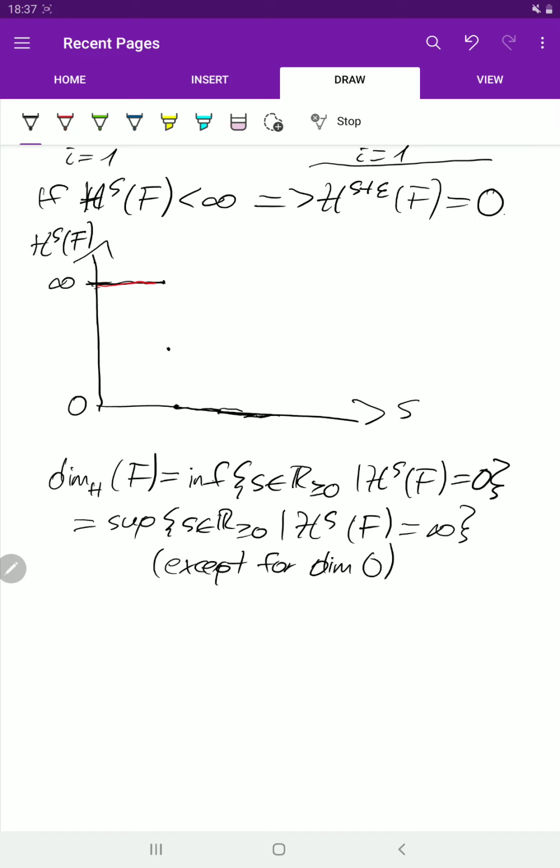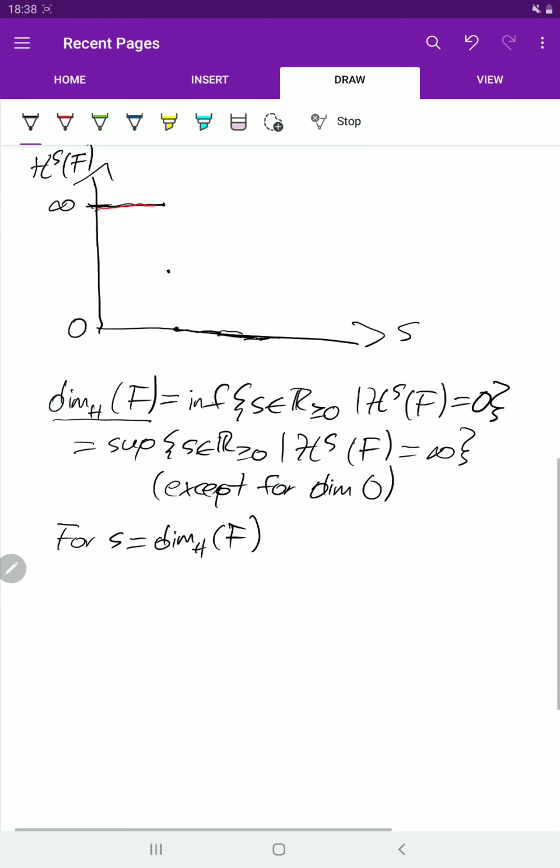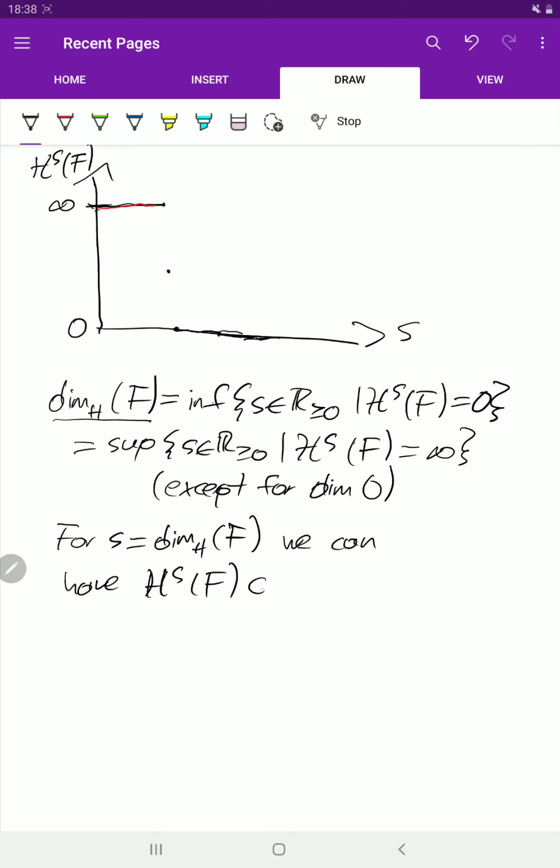And as I already mentioned before, so for s equal to the Hausdorff dimension, we can have that the Hausdorff measure in this set can be 0, it can be some non-zero finite thing, or it can also be infinite.